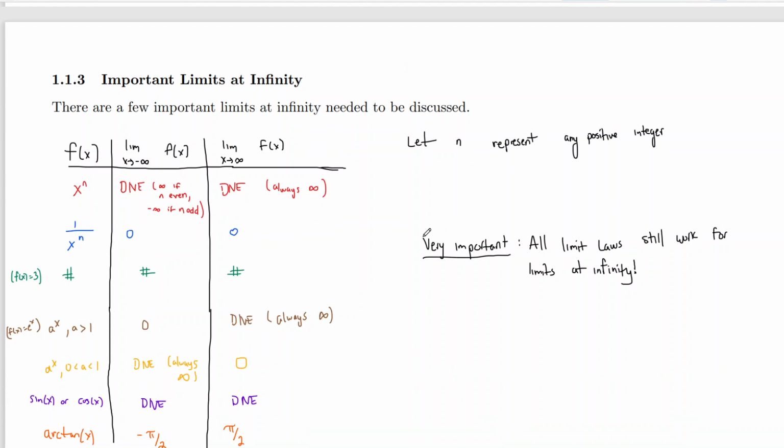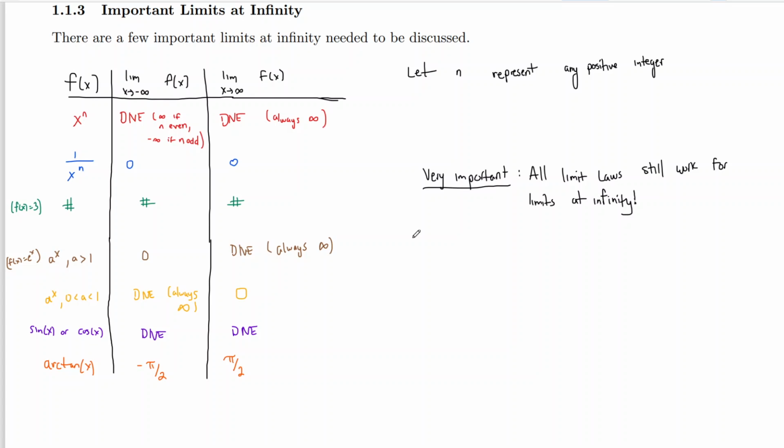All right, so this next little bit, I want to talk about important limits at infinity and where they actually come from. You pretty much need to understand these because we can never actually plug in infinity. And these limits are what we're going to use to know how to evaluate limits at infinity. Now, at this point, we have limits at infinity for a bunch of different functions.